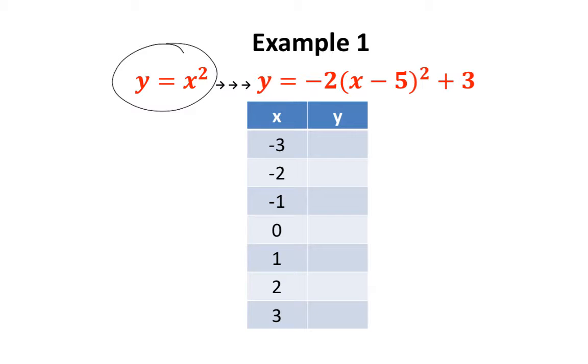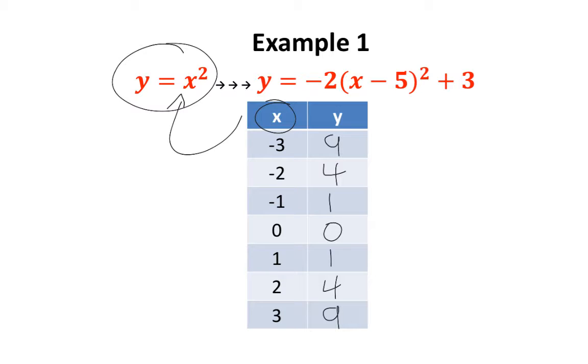You're going to substitute these values of x over here, and you're going to solve for y. So -3 squared is +9, -2 squared is +4, -1 squared is +1, 0 squared is 0, 1 squared is 1, 2 squared is 4, and 3 squared is 9.